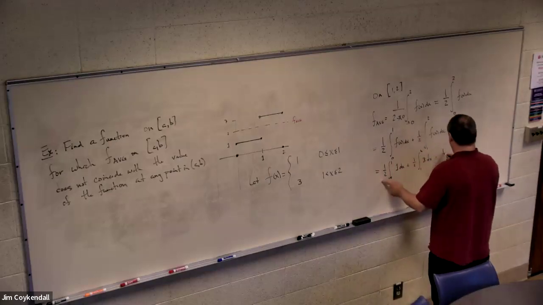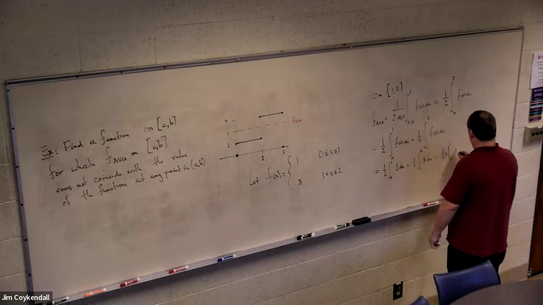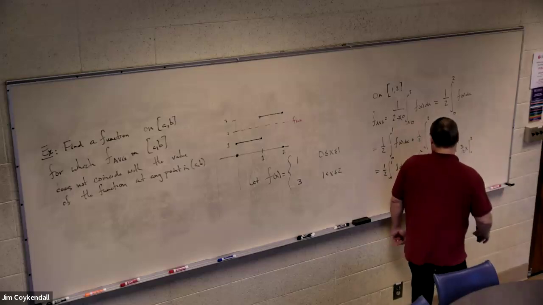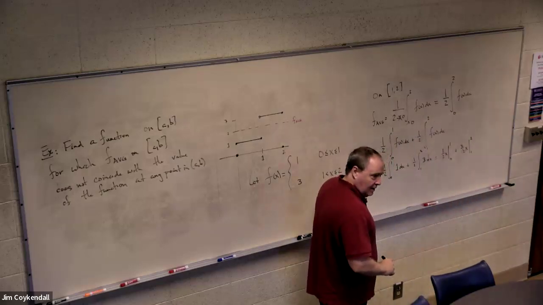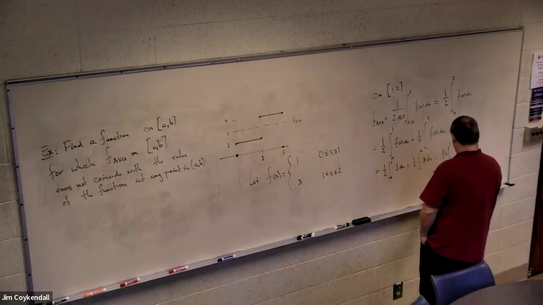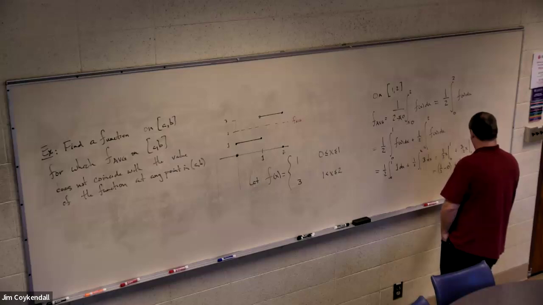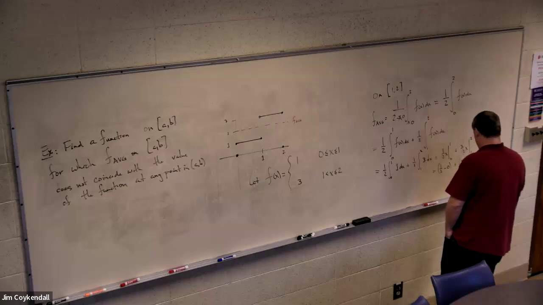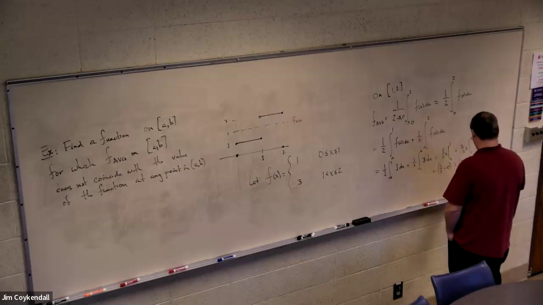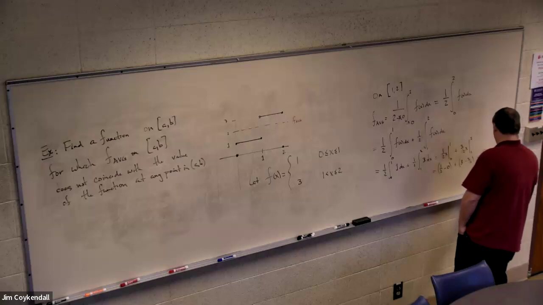So let's see. 1/2 x evaluated from 0 to 1, plus 3/2 x evaluated from 1 to 2. The first bit gets me 1/2 minus 0. And the second bit gives me 3 minus 3/2. So that's going to be 1/2 plus 3/2, which is 4/2.